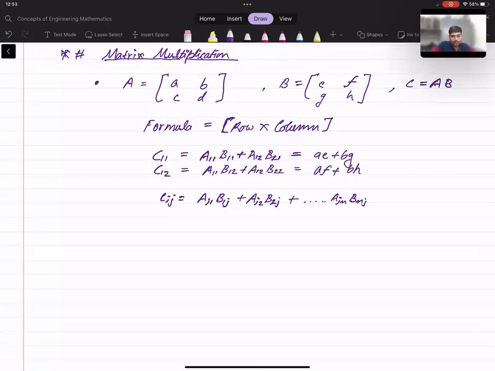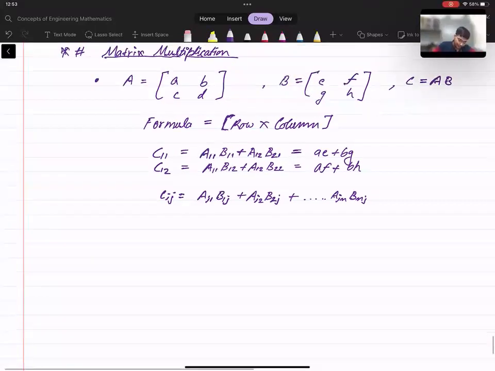So this is the general formulation. Here is how this is written after multiplication. This entire C matrix can be written here as: the first two we have determined as AE plus BG, and this was AF plus BH.